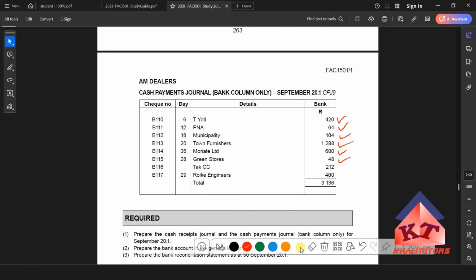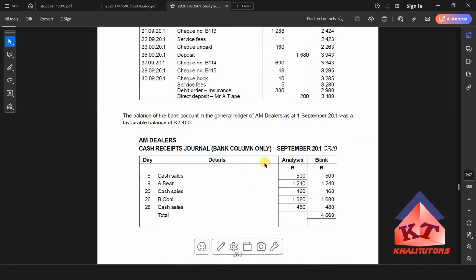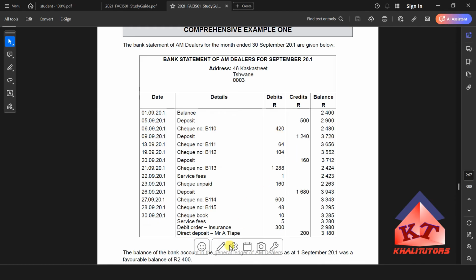After doing that, you'll notice that in terms of the cash payments journal, it's only these 2 that are not on your bank statement. So what you're supposed to do next is to go to your bank statement and mark the corresponding items.